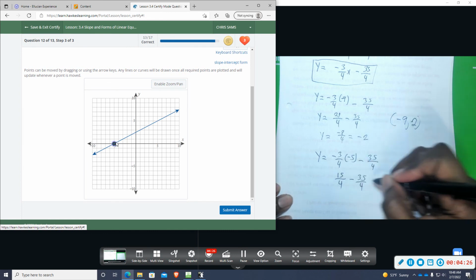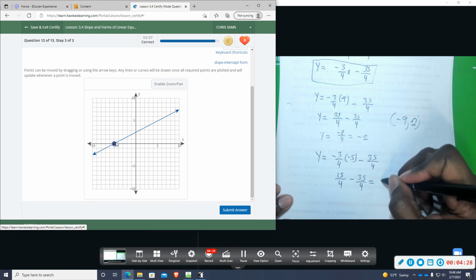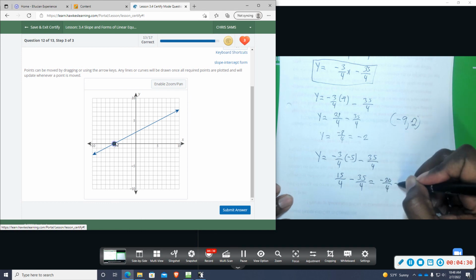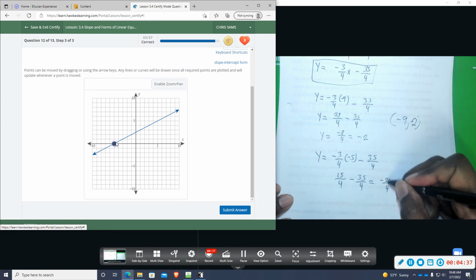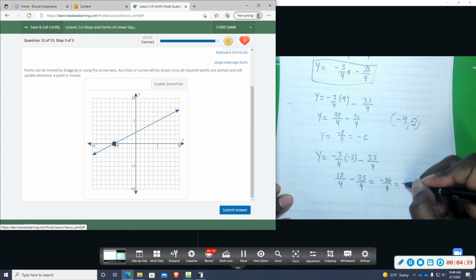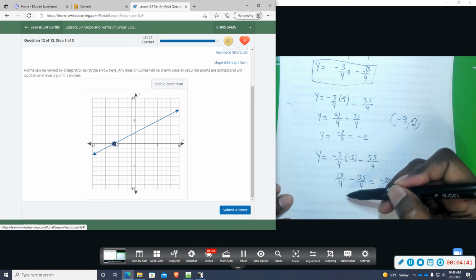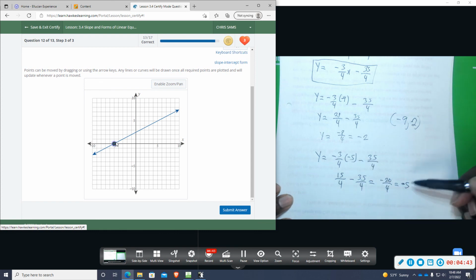When we do the math here, that is going to give us negative 20 over 4, and reducing that gives us 5, negative 5, because negative divided by positive is a negative. So plugging in a negative 5 gives us a negative 5. So we get the ordered pair negative 5, comma, negative 5. That's going to be our other ordered pair.